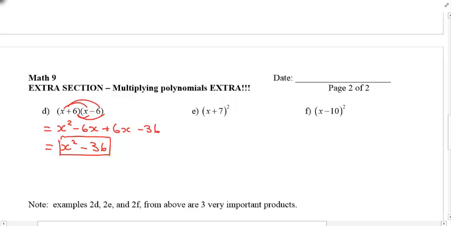If you're freaking out about E and F, you're like, where's the other factor? Well, remember, square just means take your polynomial and multiply it by itself. So for F, same business: x minus 10 times x minus 10. Now, can you do it?